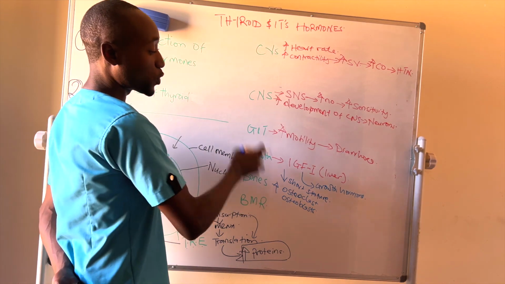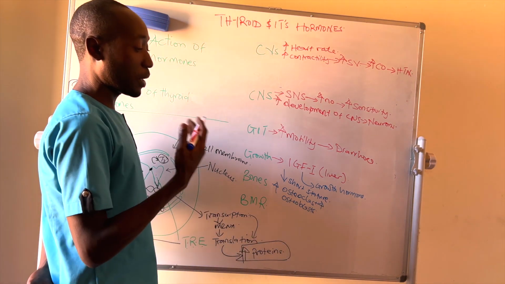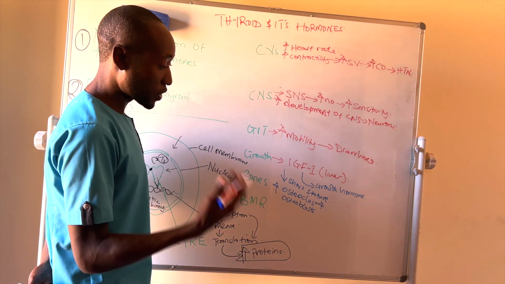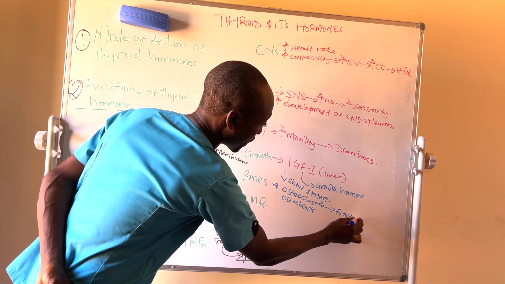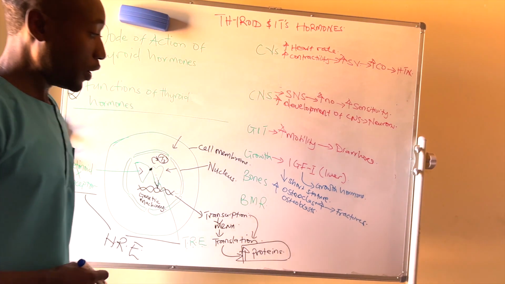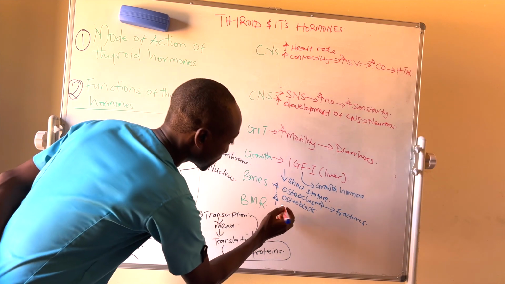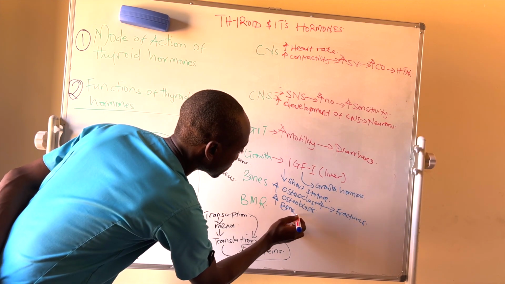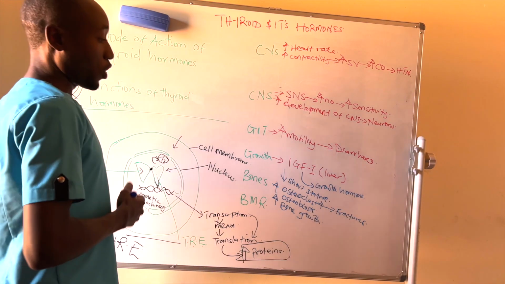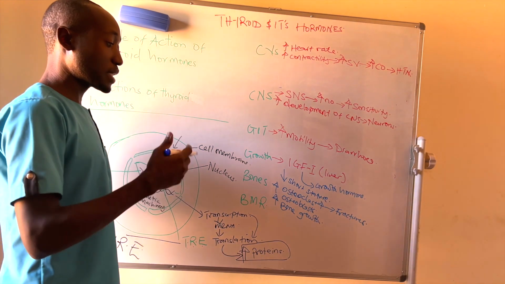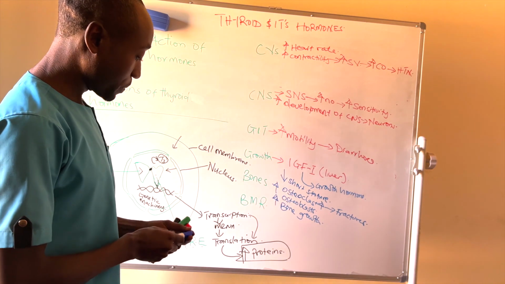In cases where we have too much, they always favor osteoclastic activity, and therefore the bones become weak, someone gets osteoporosis, and easily gets fractures. Then also, they are very important in causing bone growth, because they act on the epiphyseal plates and cause bone elongation and strengthening of the bones.